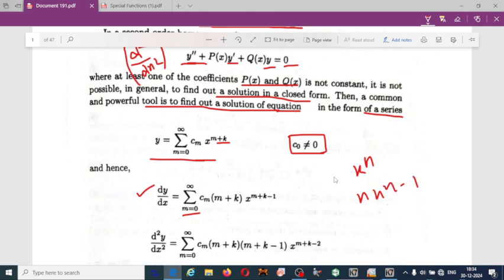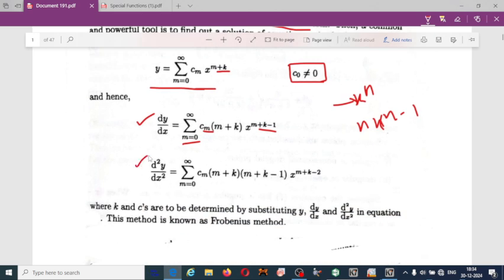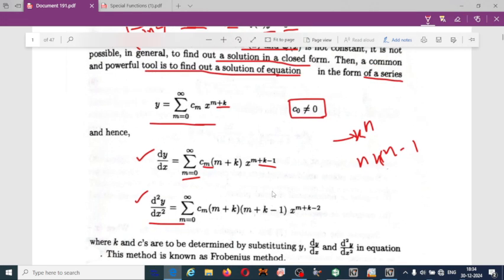So dy by dx is the summation of c_m times m plus k into x to the power m plus k minus 1. Then differentiate again to get the second order d square y by dx square.